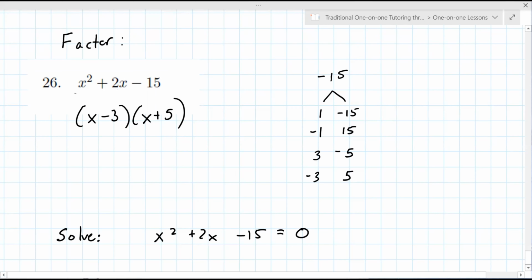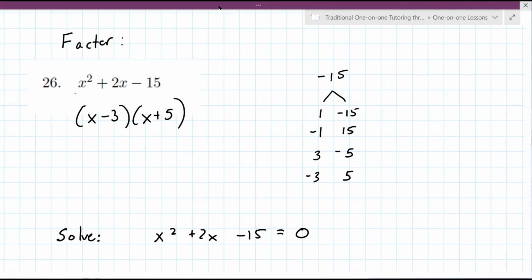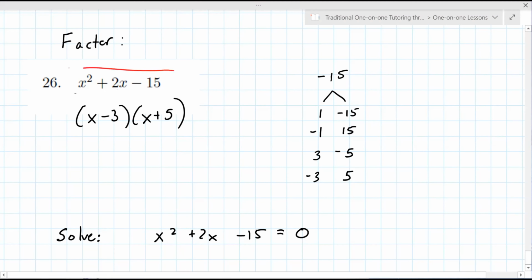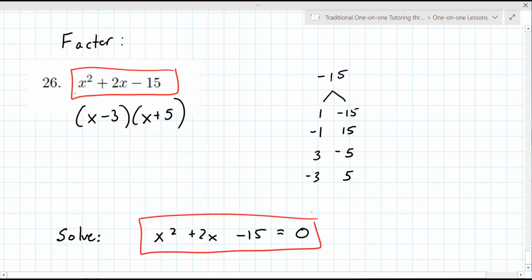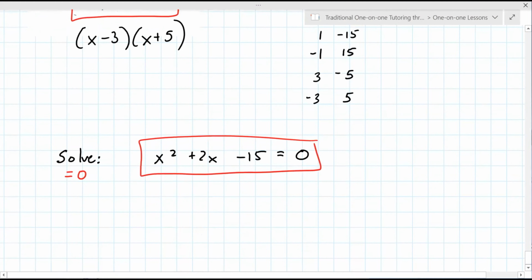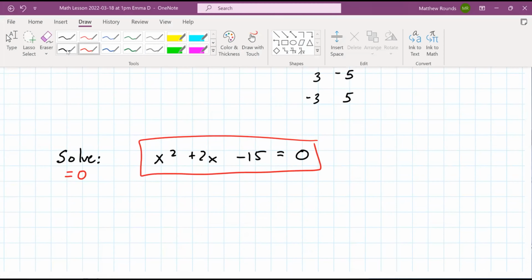Great. So let's just say the question said solve instead of factor. What is the difference between this thing in red and this thing in red? It's set to equal 0. So solve means you have an equal 0. Now, how do you solve? You factor.